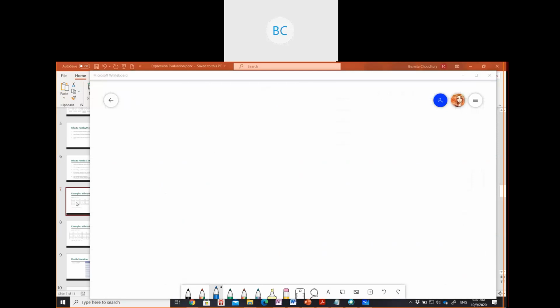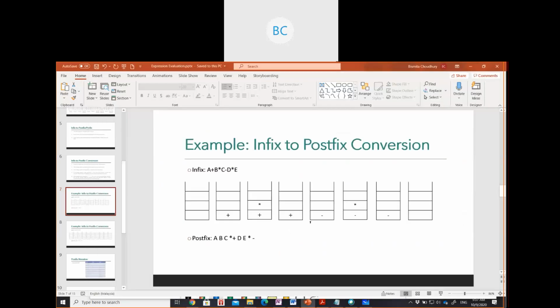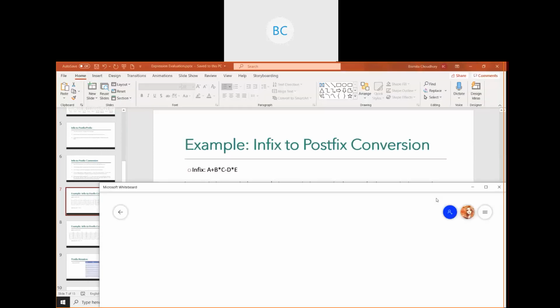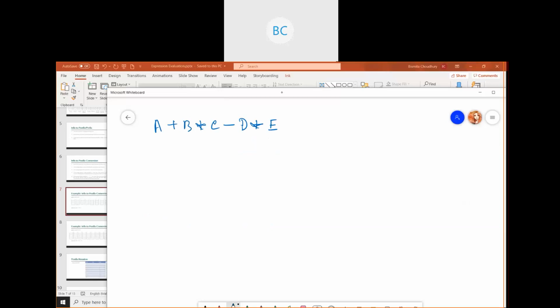So what's the expression here? A plus B into C into A. Okay. These things are a bit confusing actually. So always be attentive. Sometimes you get confused between evaluation and conversion.